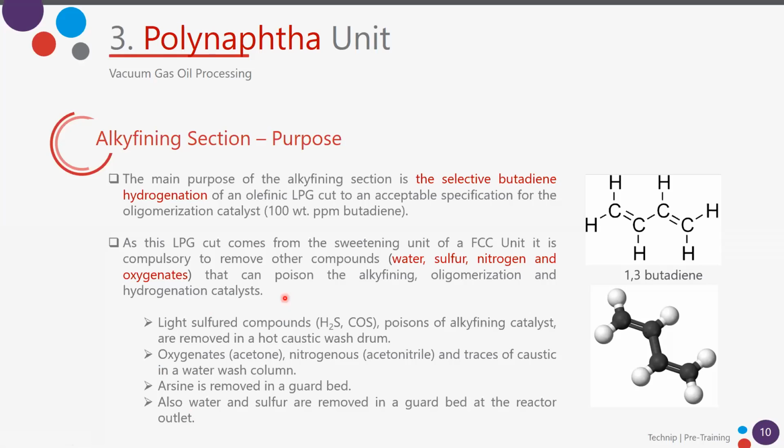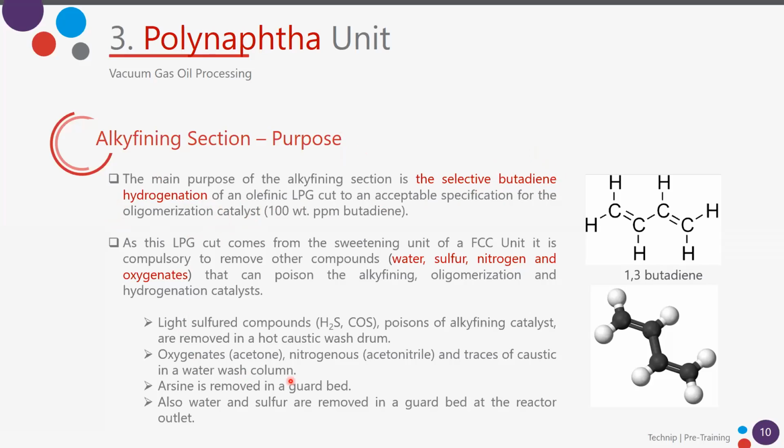Okay, because it's not so easy sometimes to understand why so many steps in this unit, no? But this first section is to hydrogenate this butadiene, okay, because it is a poison for the next section catalyst.